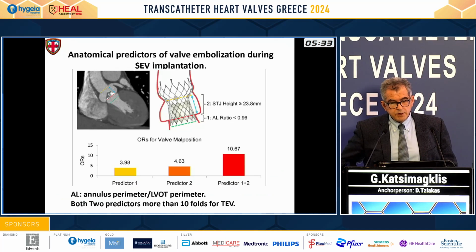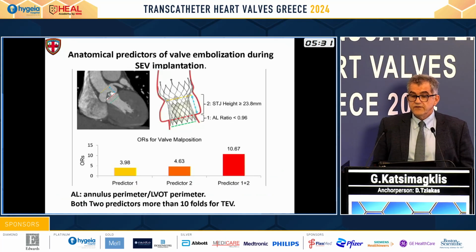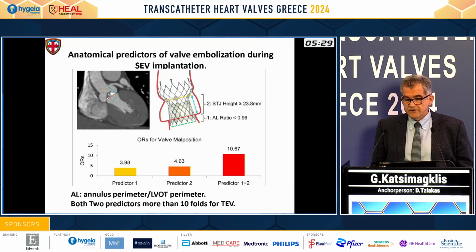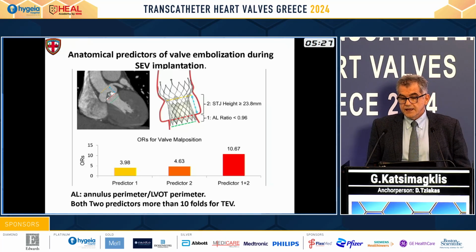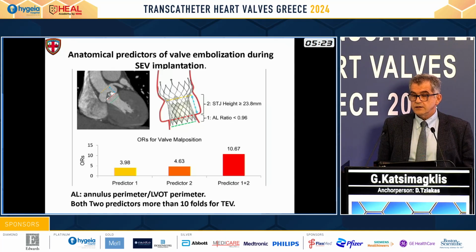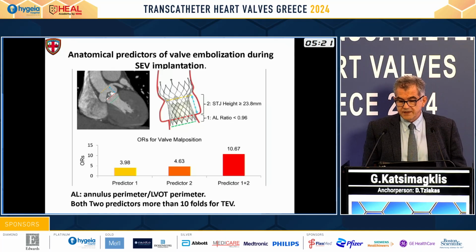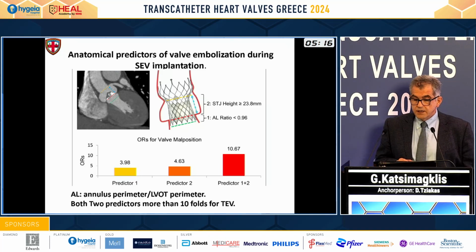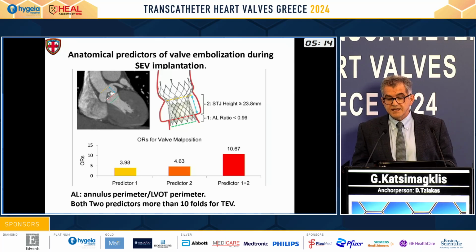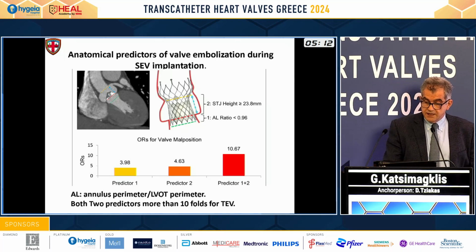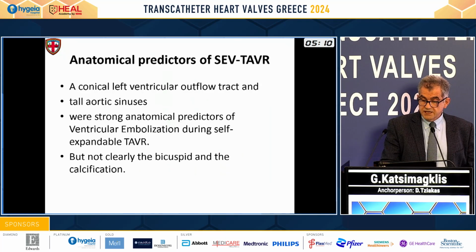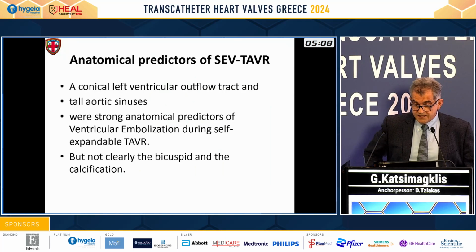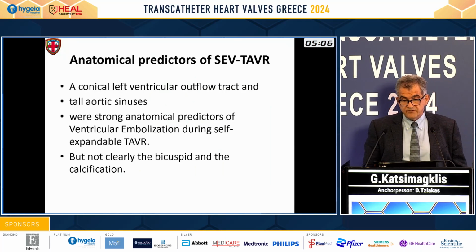There are some anatomical predictors for self-expanding valve embolization: an STJ height of more than 24 millimeters, or an AL ratio, that means annulus perimeter to LVOT perimeter, of less than 0.96. These are two predictors for embolization of self-expanding valves.